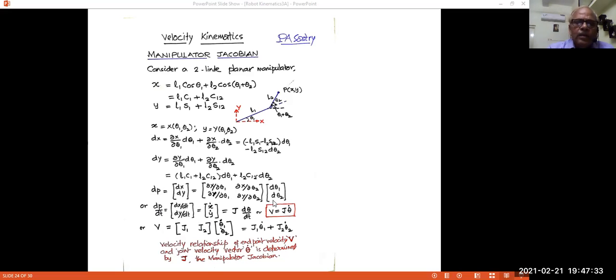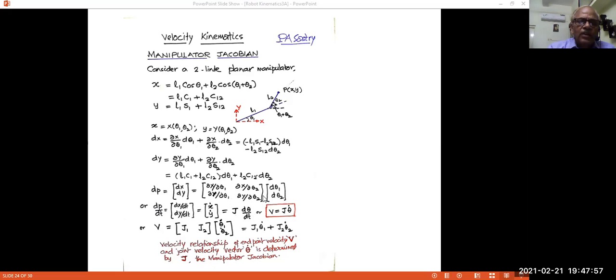Here, d theta 1 and d theta 2 become d theta 1 by dt and d theta 2 by dt, which are theta 1 dot and theta 2 dot. So you will get x dot, y dot equal to J times theta 1 dot, theta 2 dot, or V equals J theta dot.